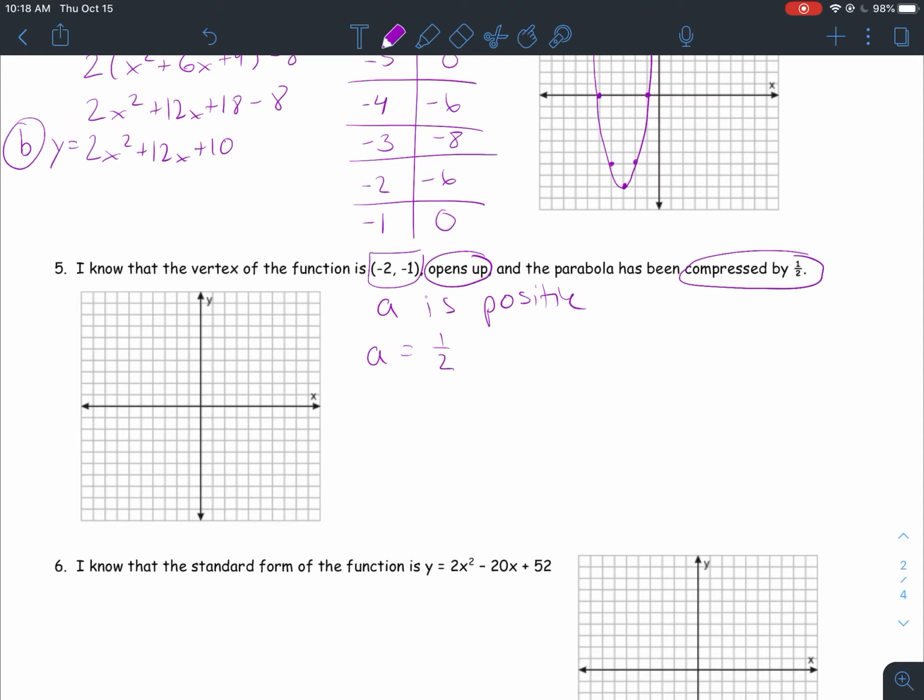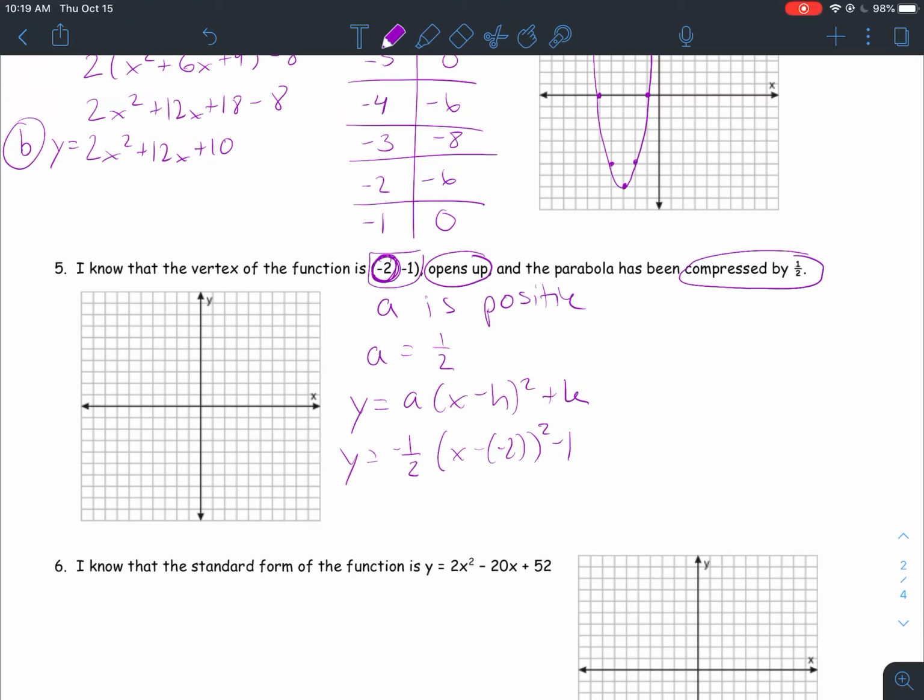They also gave us the vertex, so we can plug into that vertex form, which is y = a(x − h)² + k. So we would plug in y = −1/2 (x − (−2))² − 1. I wanted to point out why this sign changes.